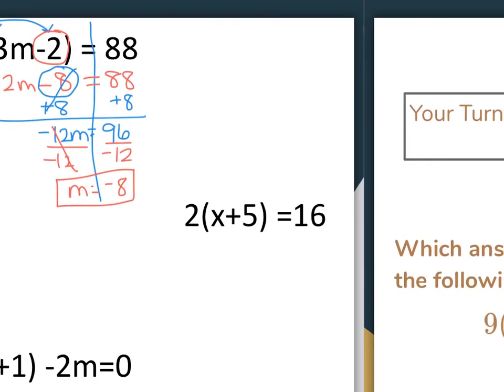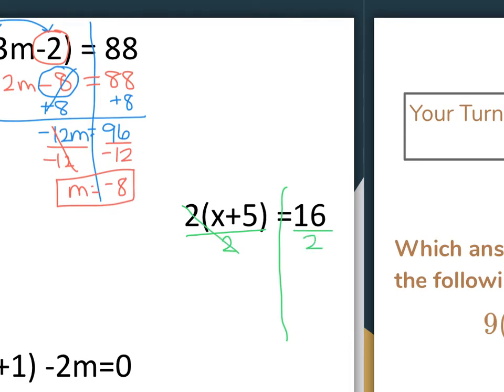All right, I'm going to skip down over to this next one. 2 times the quantity x plus 5 equals 16. Now for this one, I'm going to do using method 2. Method 2 was by undoing the multiplication of 2. So that means I will divide by 2 on both sides.